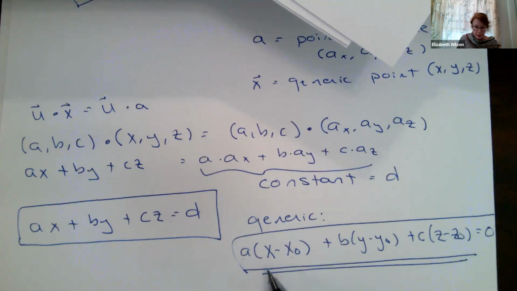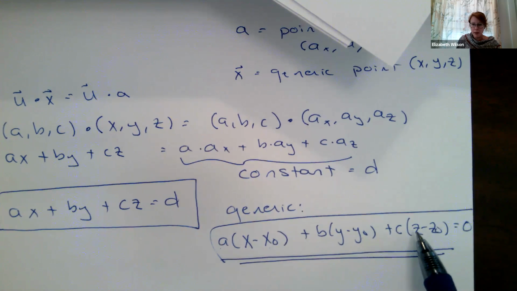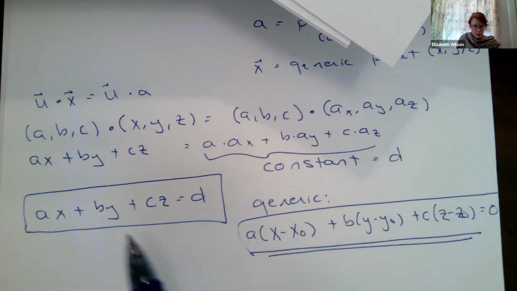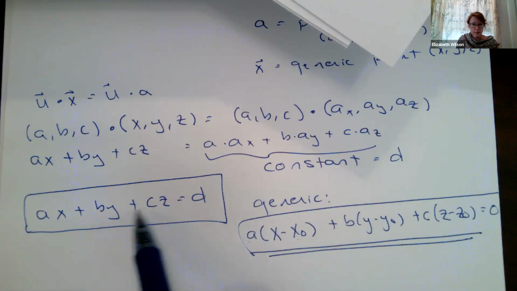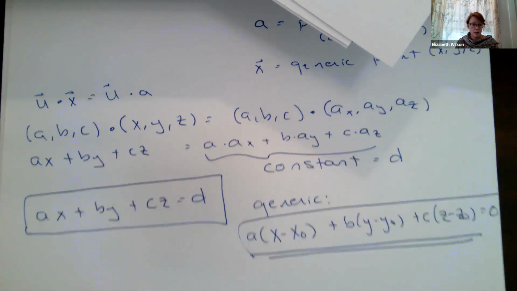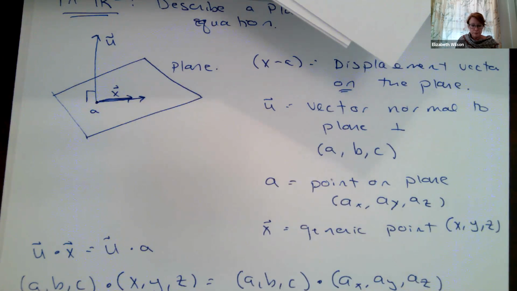It can also be written as a times (x minus x naught), b times (y minus y naught), c times (z minus z naught), where x naught, y naught, and z naught are the x, y, and z coordinates for a particular point on the plane. The coefficients a, b, and c, the coefficients for our x, y, and z, make up the components for the vector that's normal to this plane.